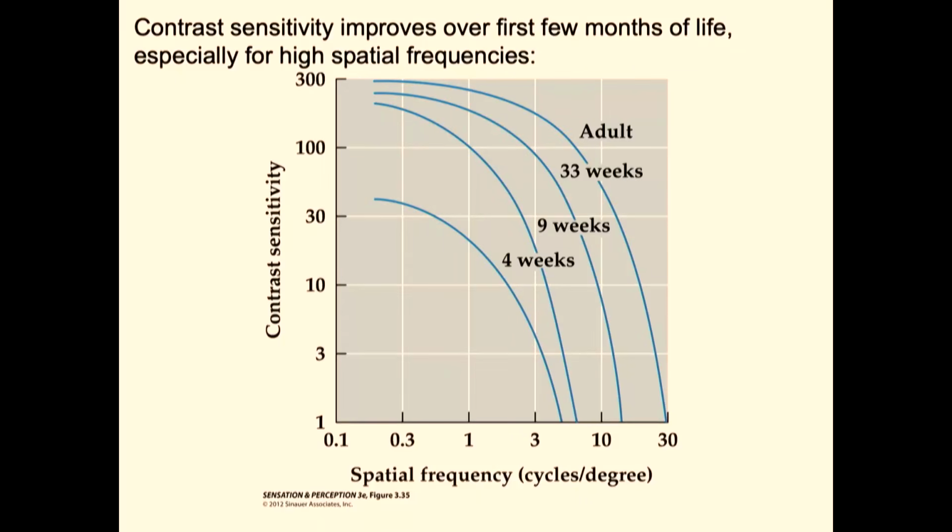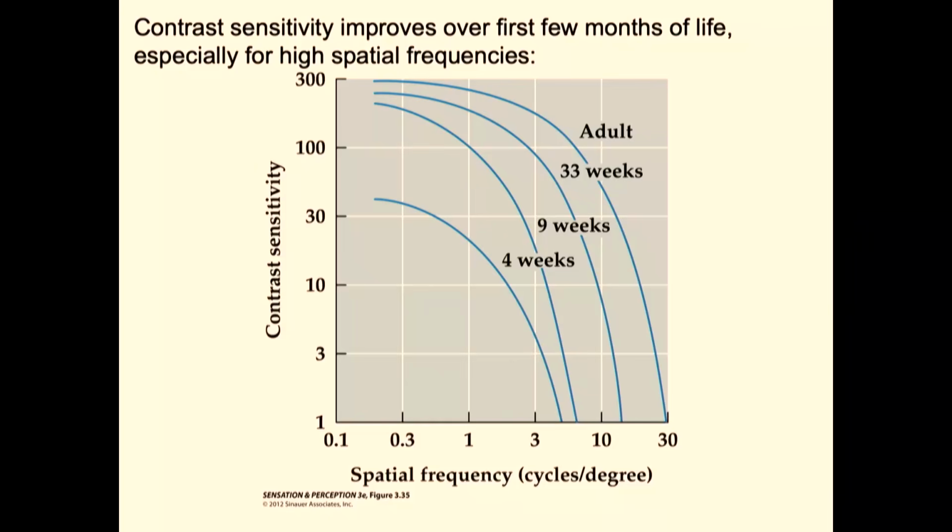So contrast sensitivity functions have been measured in lots of people at lots of ages. And contrast sensitivity improves pretty dramatically over the first few months of life, especially for high spatial frequencies. So this is the contrast sensitivity function displayed for an adult at the top, and then for different ages of life starting at 4 weeks.